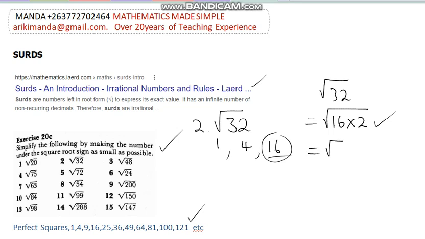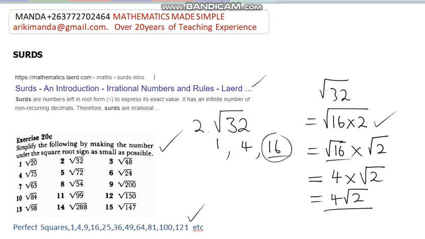This is the same as square root of 16 multiplied by square root of 2. What is the square root of 16? It's 4. Multiplied by, we don't know offhand, the square root of 2, we simply leave it as square root of 2, and our answer becomes 4 square root 2.